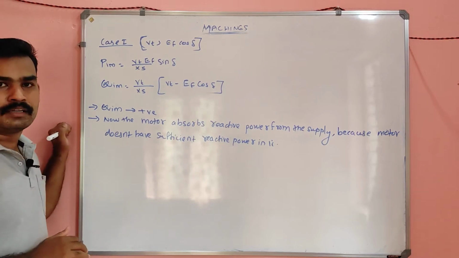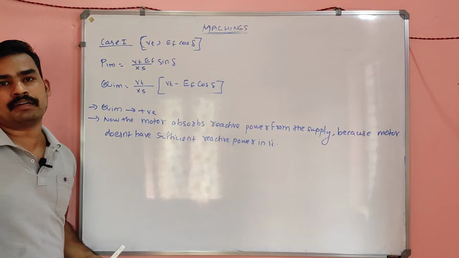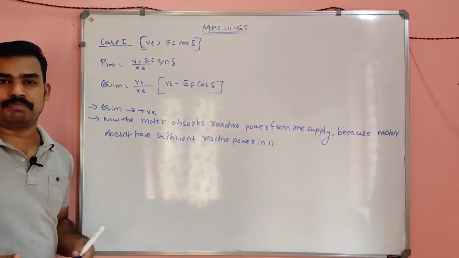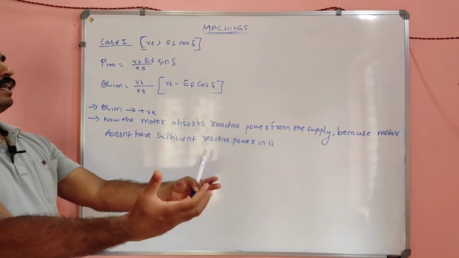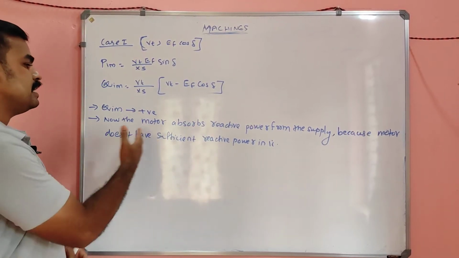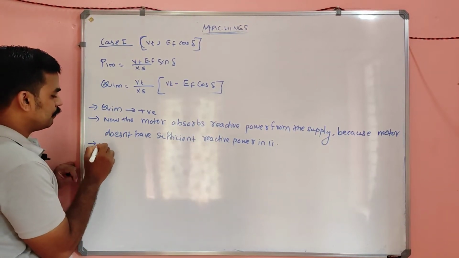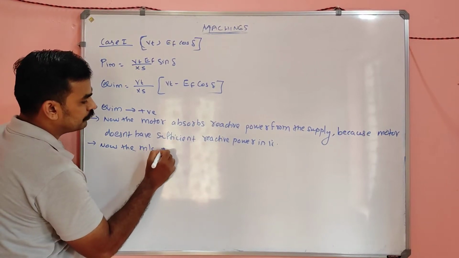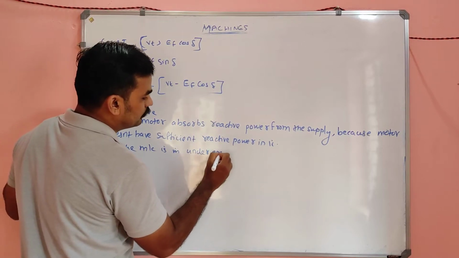Because it doesn't already have that much reactive power for the smooth flow of active power across the machine. So the motor will absorb reactive power from the supply. So now the machine is in an under excited condition, my dear.